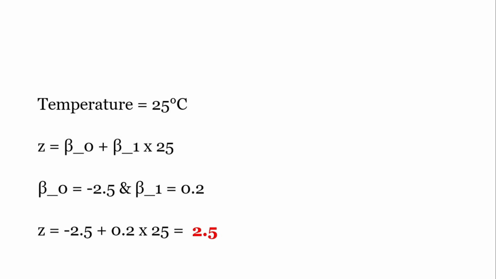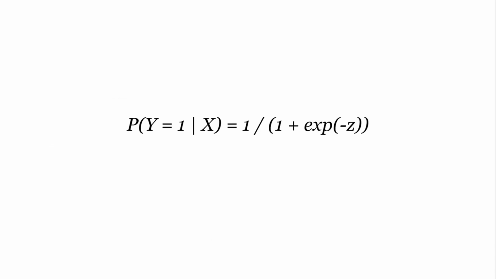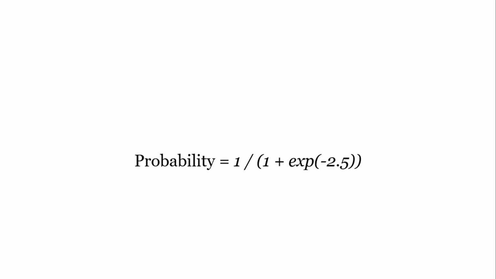By coming back to our equation, P(y=1|x) equal 1 over 1 plus exponential minus z, probability equal 1 over 1 plus exponential minus 2.5, which gives 0.7. This means that we have 70% probability that we can find our bird when the temperature is 25 degrees.